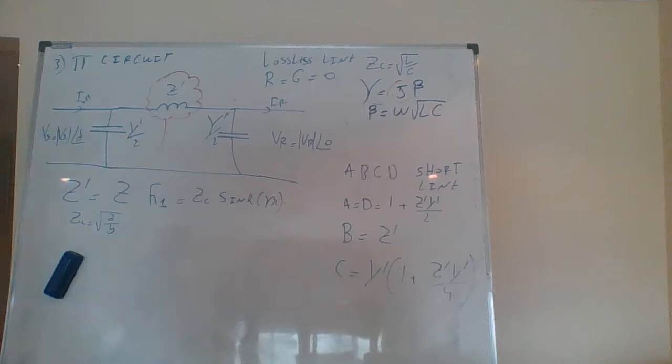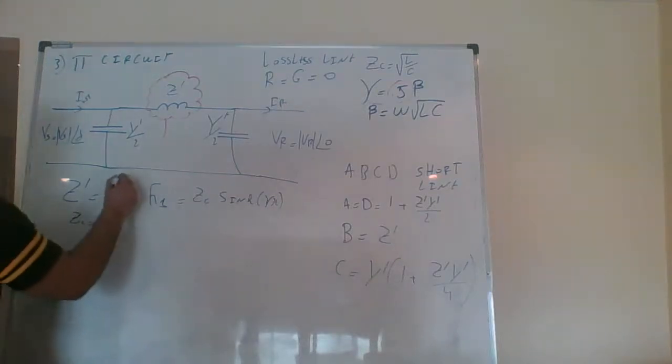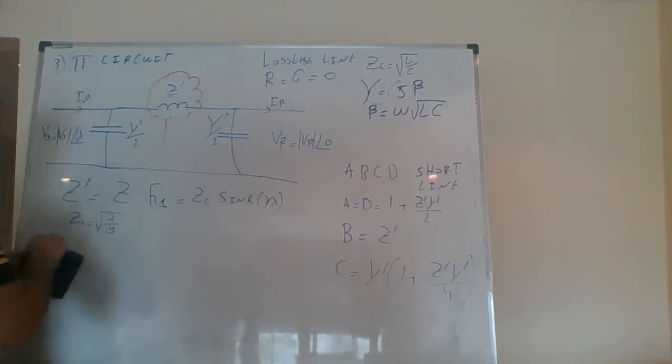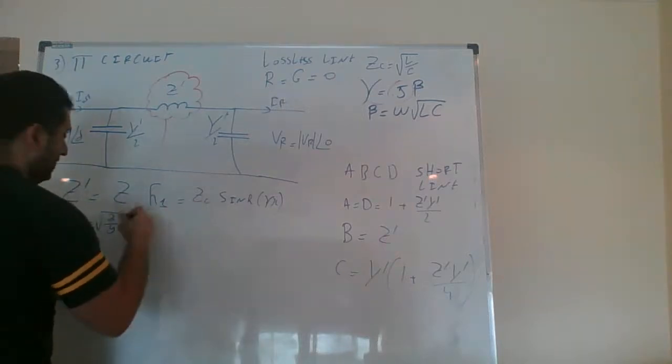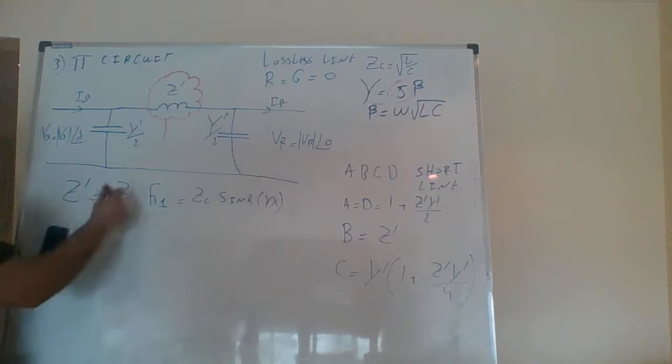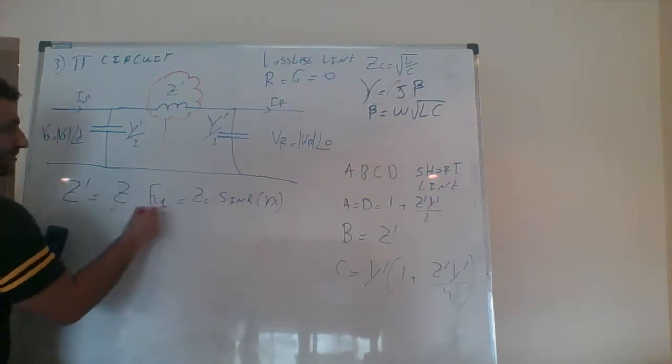So all I have to do is find this z. I need this in this format, z times f1.